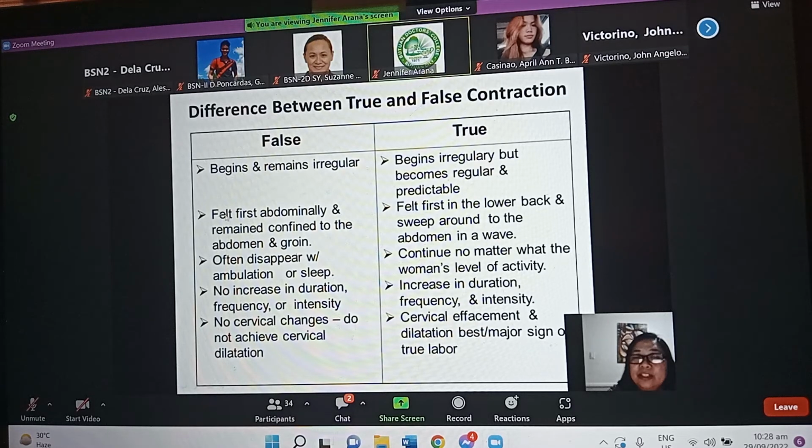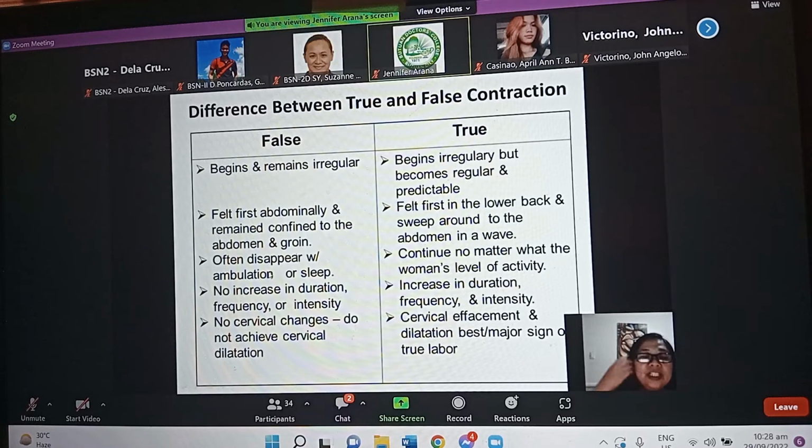In false uterine contraction, it is felt first abdominally and remains confined to the abdomen and groin. But for true labor contraction, it is felt first in the lower back, and it sweeps around to the abdomen in a wave. So it starts at the back, then moves toward the abdomen.